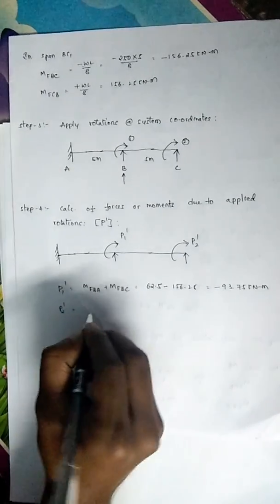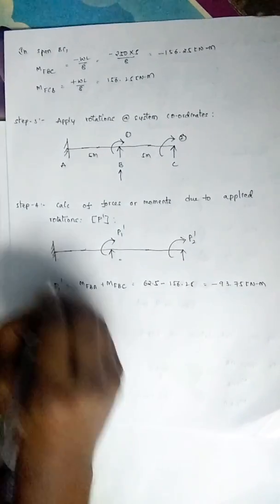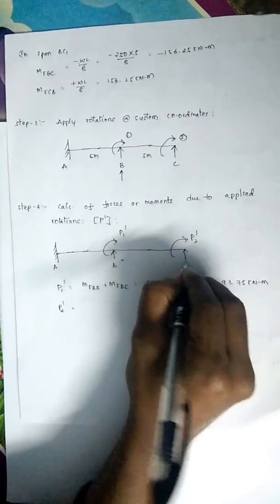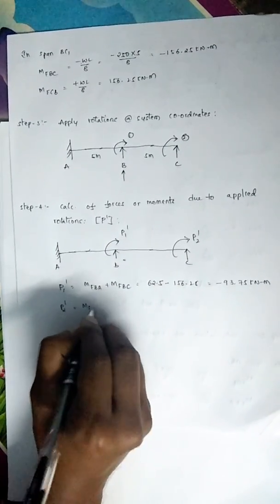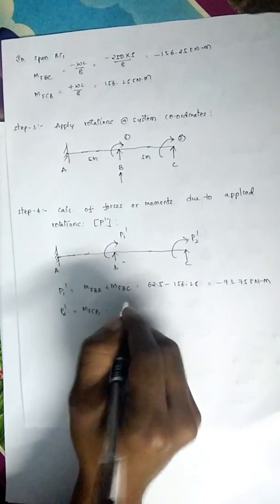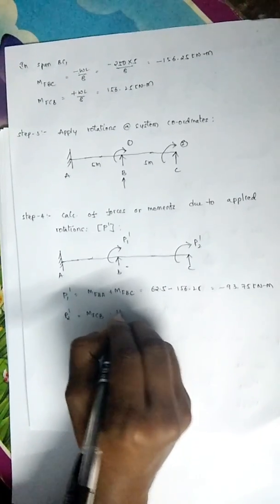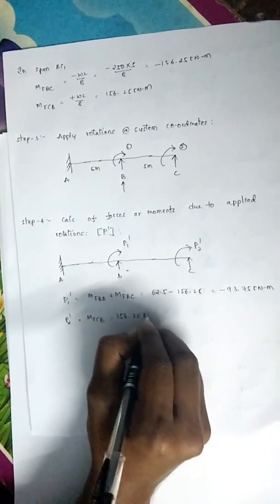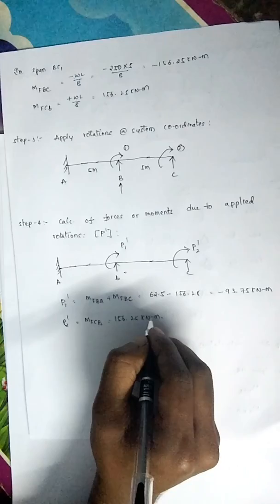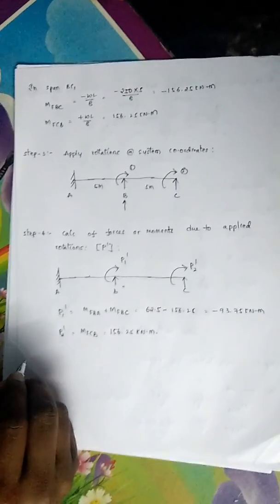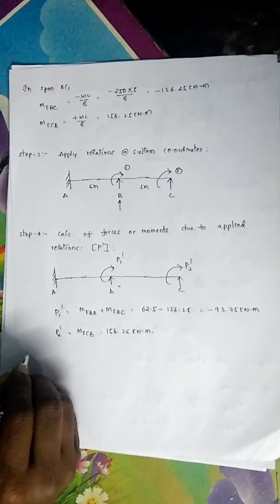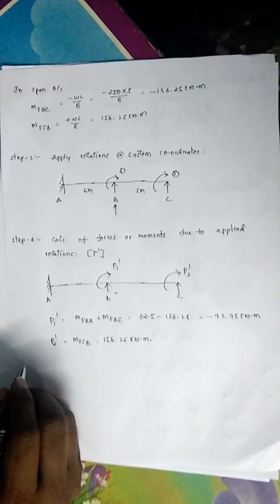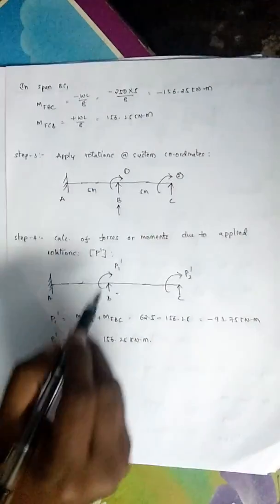P2 dash means MF CB. What is MF CB? 156.25 kilonewton meter. So we calculated the forces or moments due to applied rotations at system coordinates.